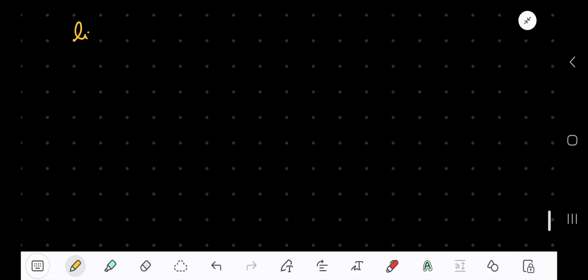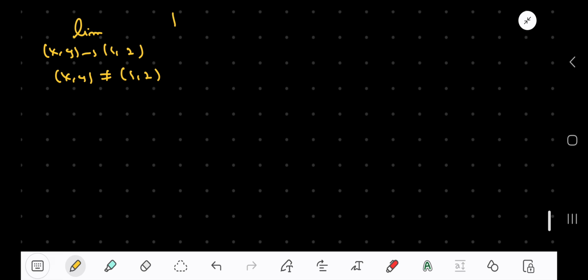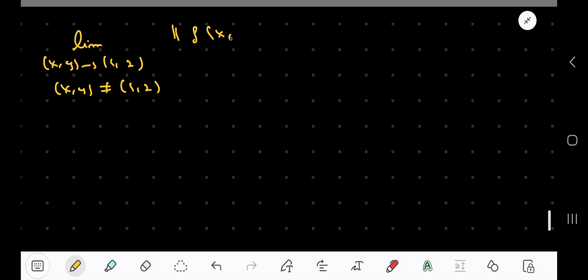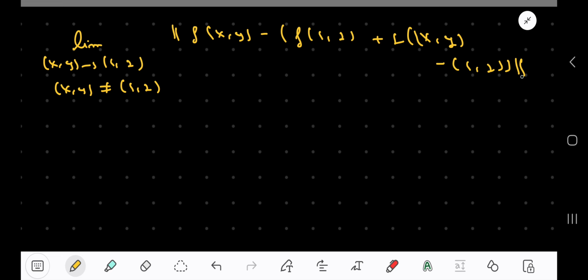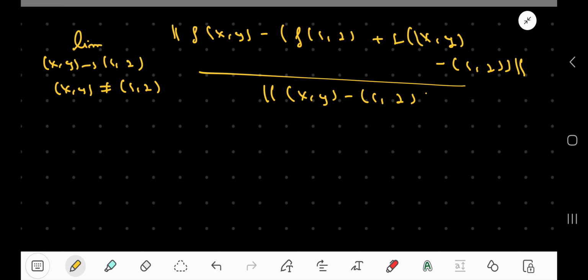So the limit as (x,y) tends to (1,2), with (x,y) not exactly equal to (1,2), we want to check this quotient: the norm of f(x,y) minus f(1,2) plus L of ((x,y) minus (1,2)), divided by the norm of (x,y) minus (1,2). Now (x,y) minus (1,2) can be written as the ordered pair (x minus 1, y minus 2), right?